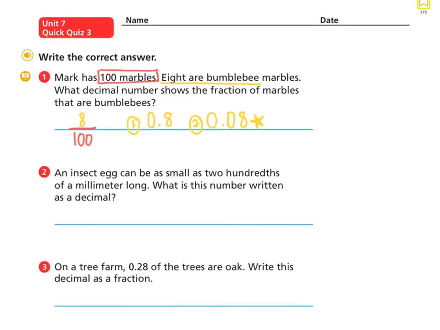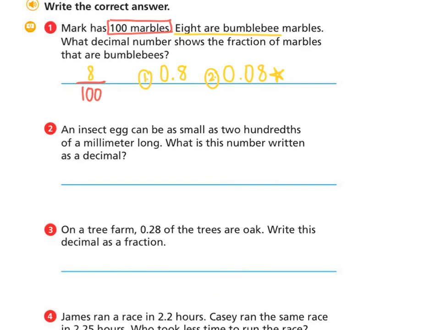Thank you. Let's look at number 2. It says an insect egg can be as small as 2 hundredths of a millimeter. What is this number written as a decimal? 2 hundredths. Who can tell me what that would be written as a decimal? Wave at the camera if you know.